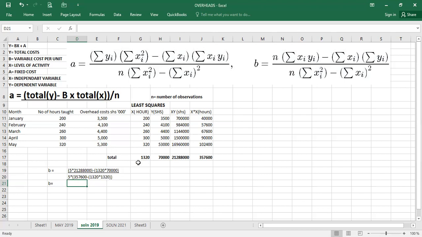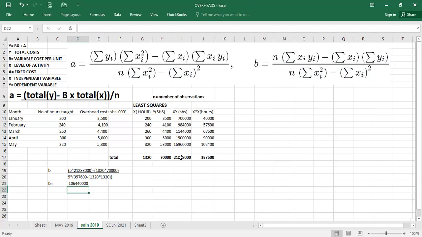By getting this, we say equal sign 5 times this, then we press enter. What we are deducting, we remove it from here.